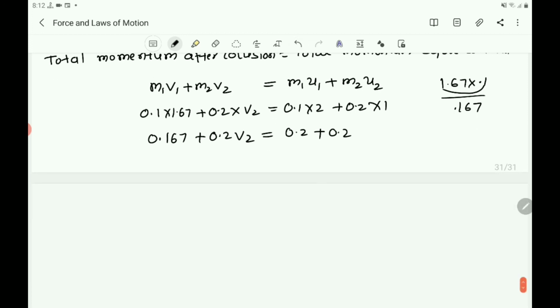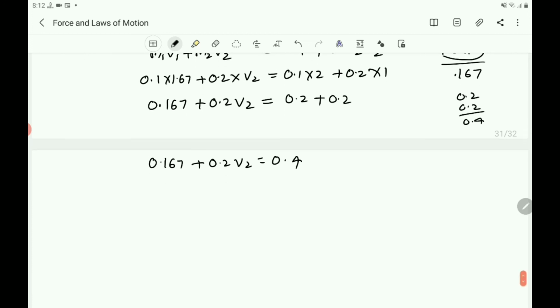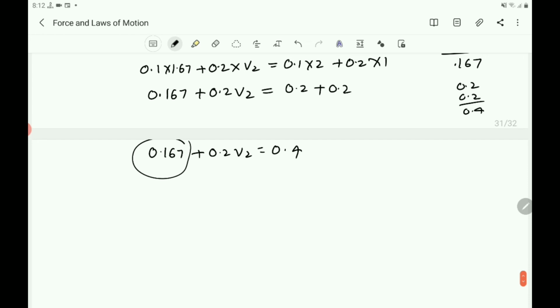Then it becomes 0.167 plus 0.2 v2 equals 0.2 plus 0.2, which you know is 0.4. So you write 0.4. Now you transfer this to the RHS, so 0.2 v2 remains on the LHS.